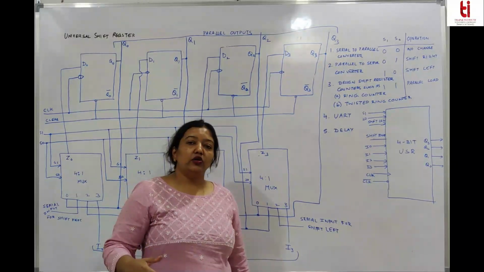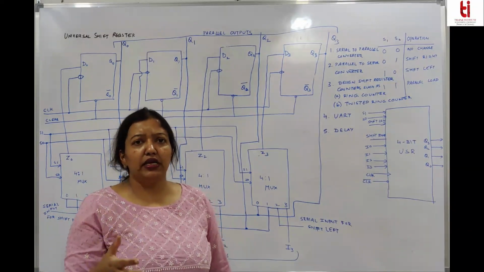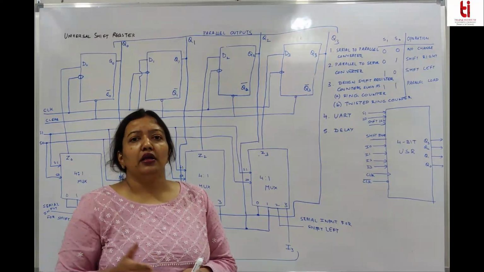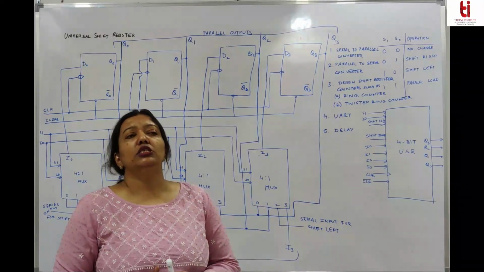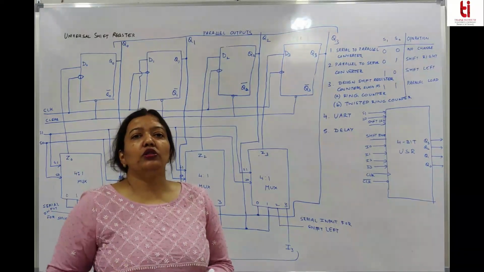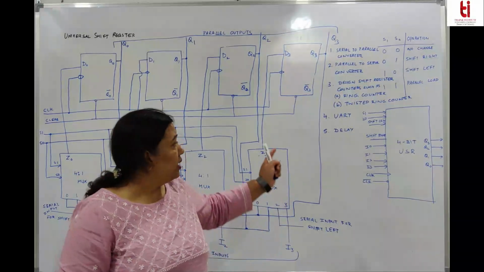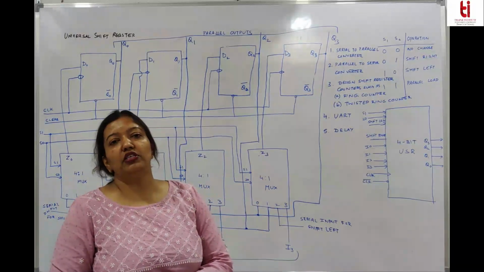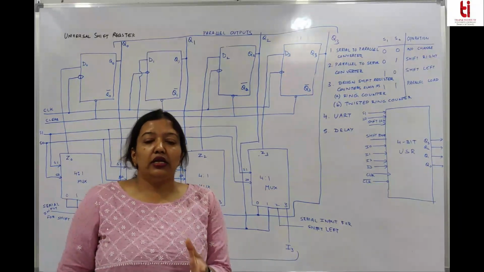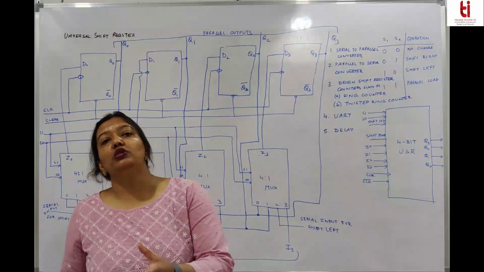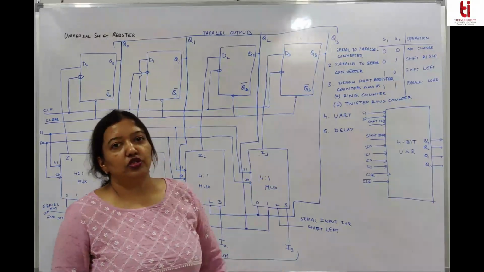If you want both the signals to appear at the same time at the next system, and one is appearing earlier than the other, you can give a delay to that using a shift register so that both signals get synchronized.